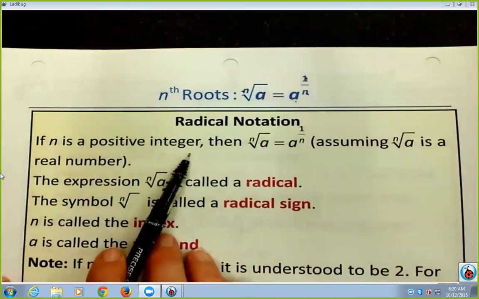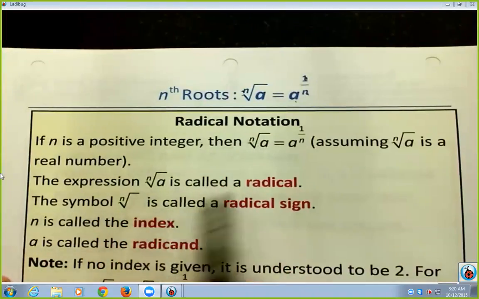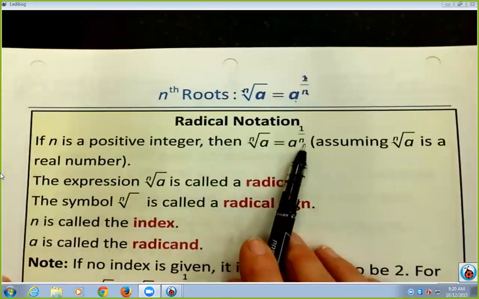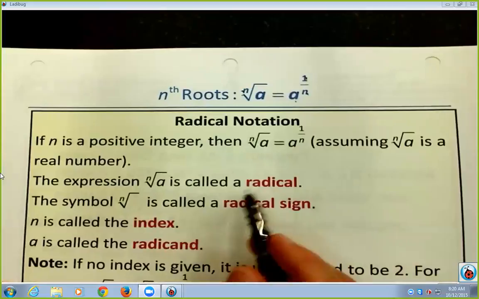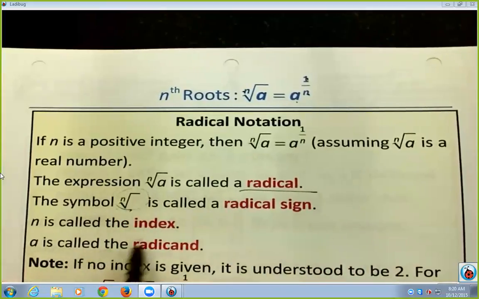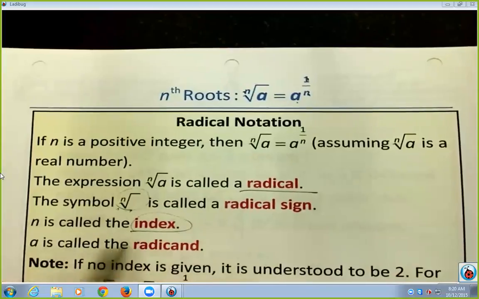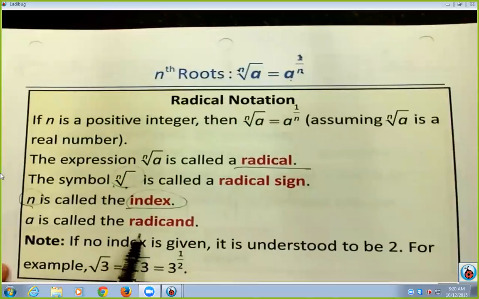So if n's a positive integer, then we have a to the nth, or the nth root of a, or we have a to the 1/nth, assuming that n's a real number. So it's called a radical when it's in that form. The radical symbol is what we have here. The index we talked about, that's the n part. The a is the radicand, that's the number that's underneath your symbol.